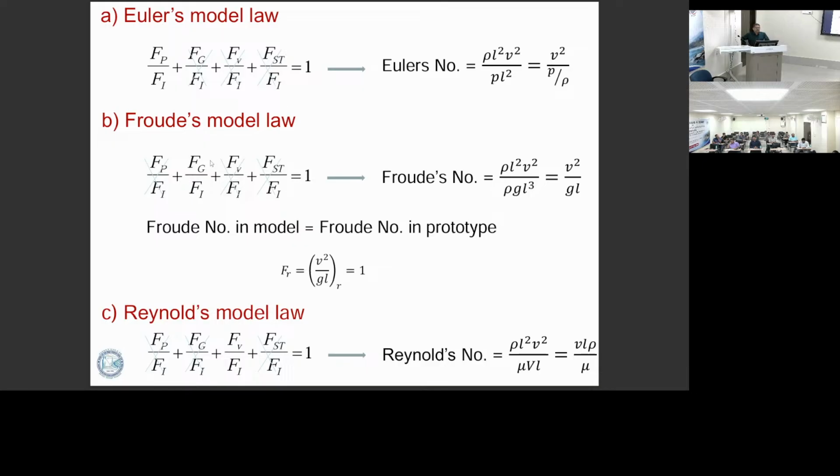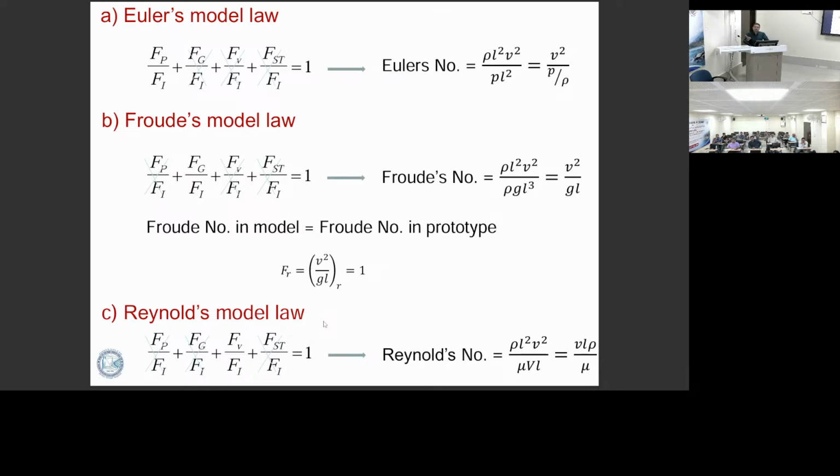So what is Froude's number? Gravitational force by inertial force should be equal to 1. So this is the number, V by root GD. The Froude number of prototype and Froude number of model should be equal; this criteria should be followed. That's why this is the important dimensionless number of hydraulic modeling.